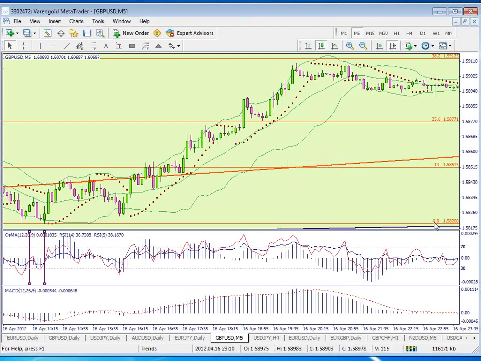If I put the Fibonacci into the last wave that I have into 4 hour, I have some expectation, so I will go with this signal for buy, but my expectation are 13 level or 23.6 level or even 38.2.